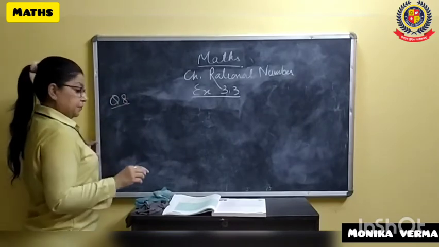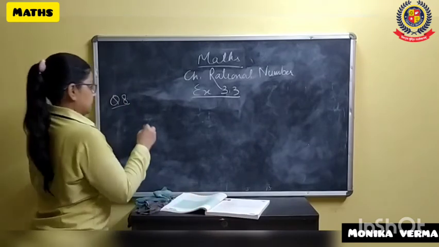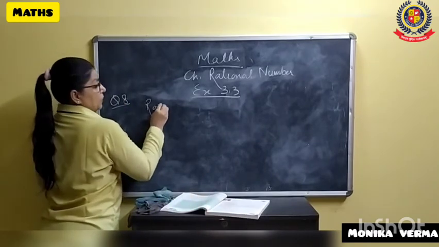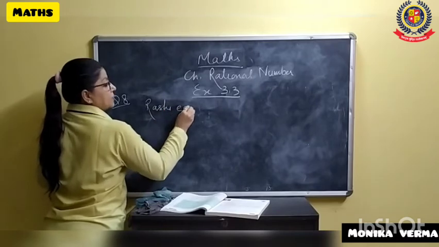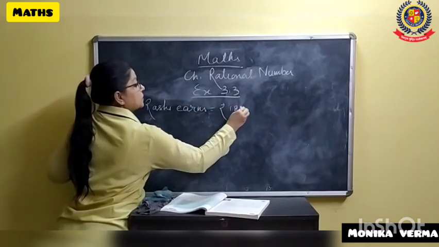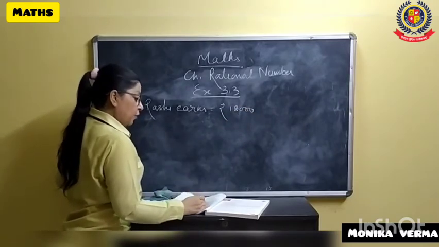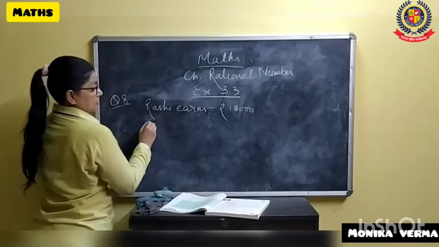Question number 8. Rashi earns rupees 18,000 per month. So Rashi earns rupees 18,000. Okay. She spent 1 by 4 of her income on groceries.